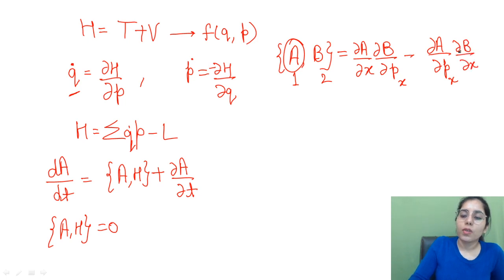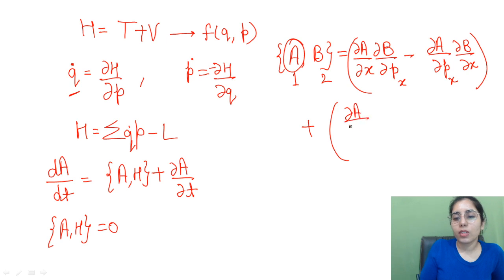Clear? Now if there are going to be more than one variable, let's say here we are not having only x but we are also having y, so what we will do is plus del A upon del y, del B upon del p_y, minus del A upon del p_y and del B upon del y.